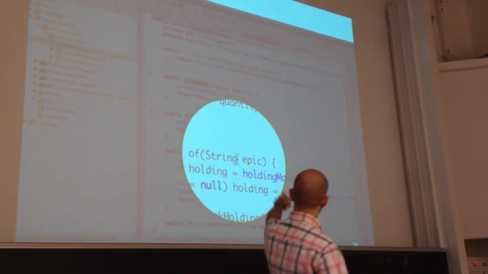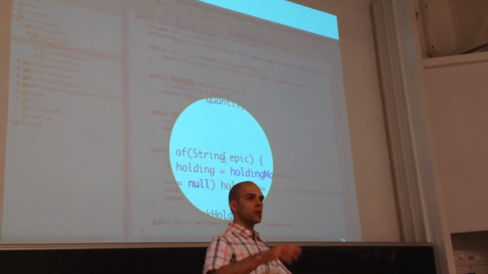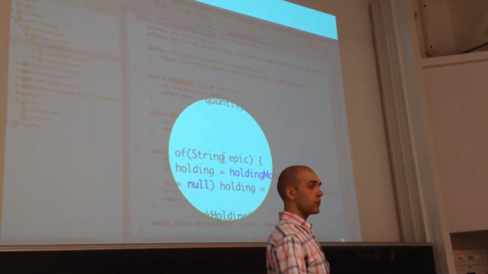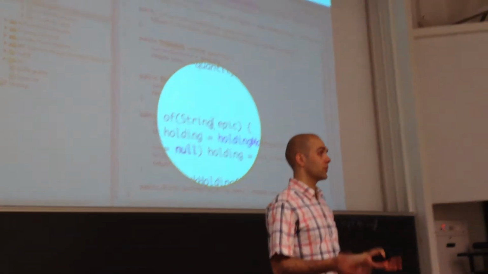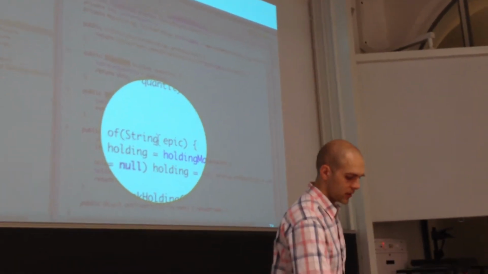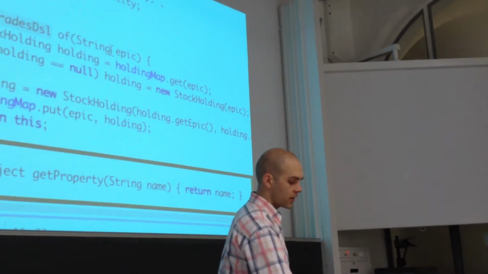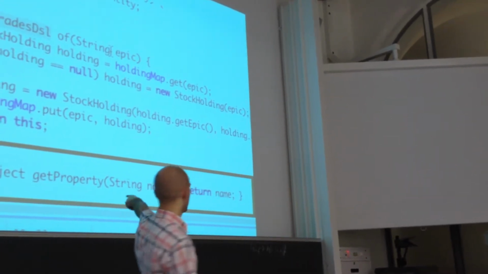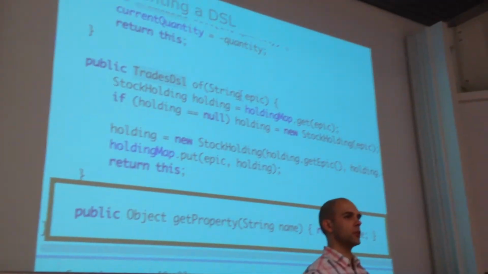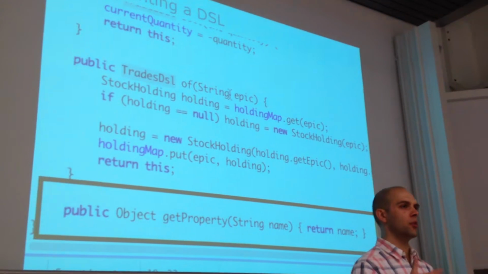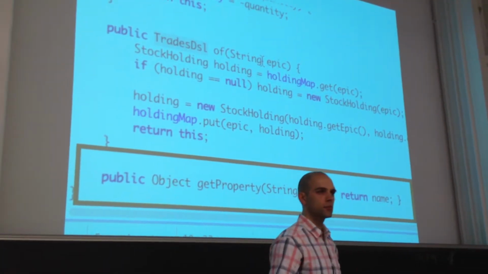Now, key point here is that it takes a string, but VMW and MSFT, they were not string literals. So how is that done? Because we don't really like string literals if they're not necessary. We override getProperty. Every time Groovy can't resolve a property or method, it goes to some underlying methods.